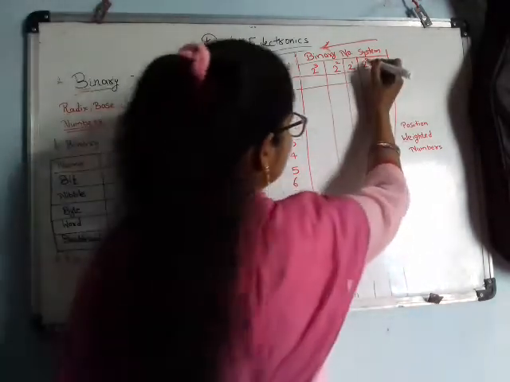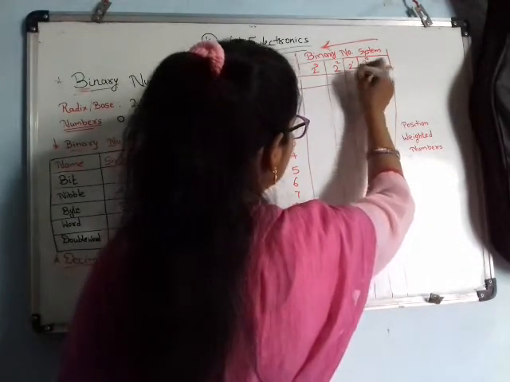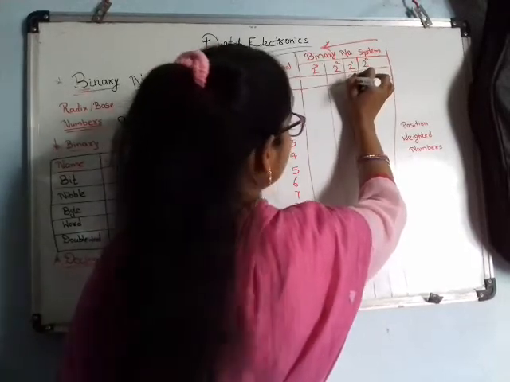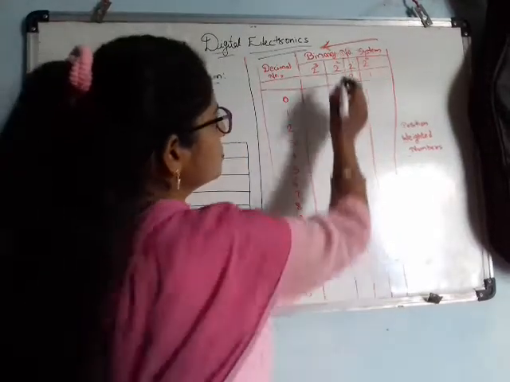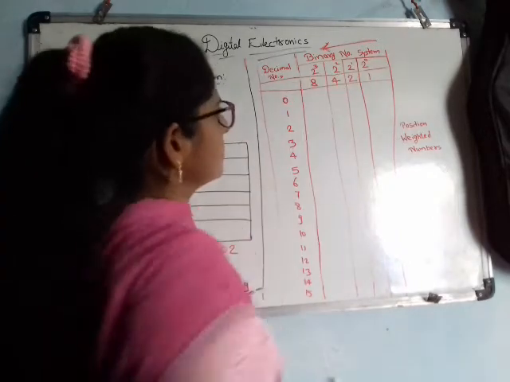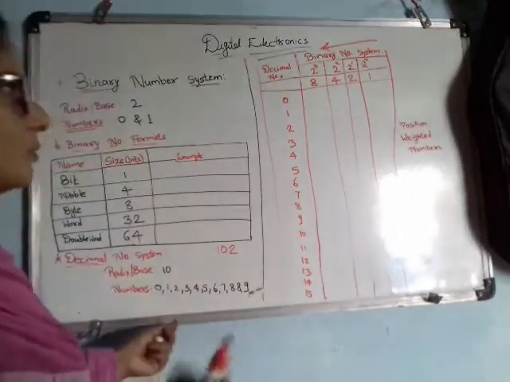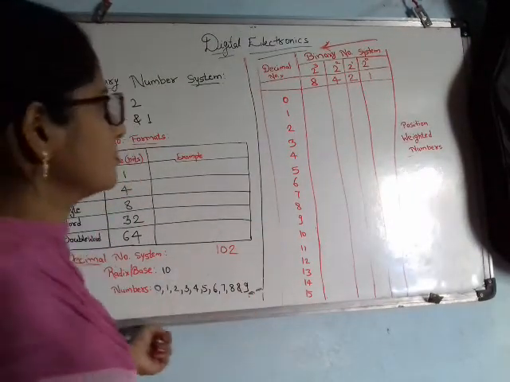The weightage of 2 raised to 0 is 1, 2 raised to 1 is 2, 2 raised to 2 is 4, and 2 raised to 3 is 8. Now we will start writing the equivalent binary numbers.